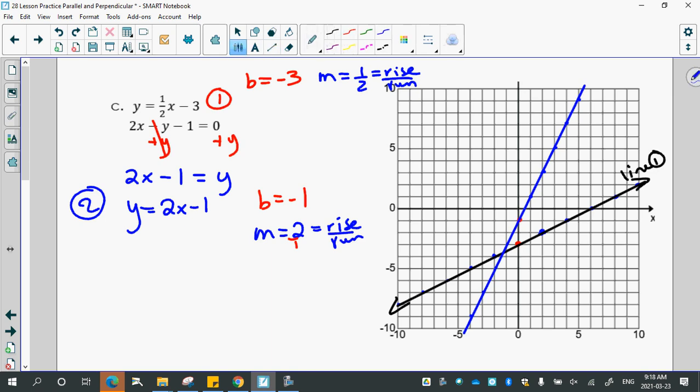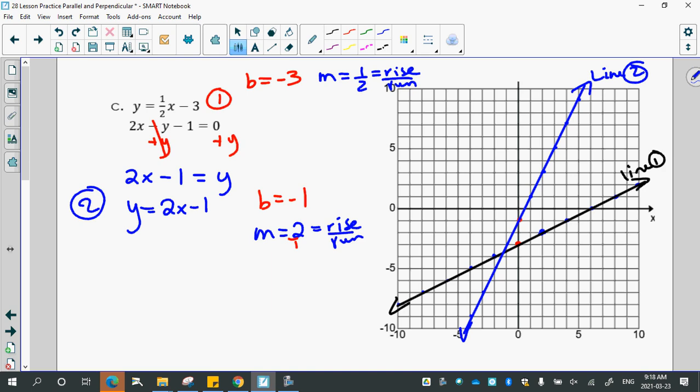Okay, they don't look perpendicular. Why are they not perpendicular? Vanessa. They're both positive, good. So they may have the rise and run flipped upside down, but they're not opposite signs. Does everyone see that?